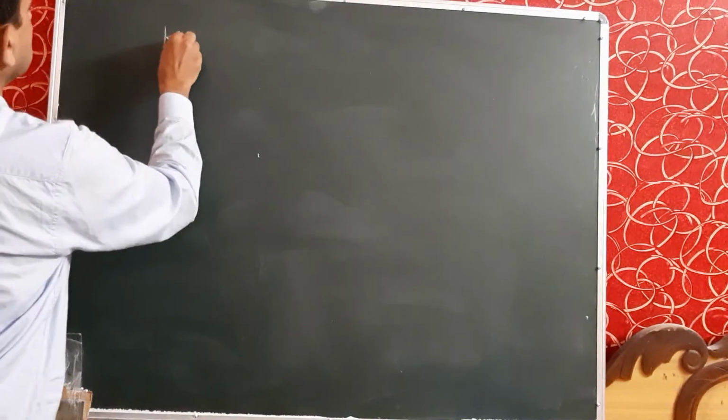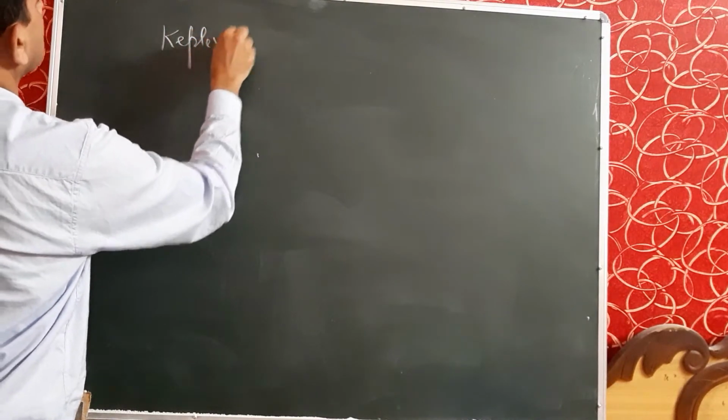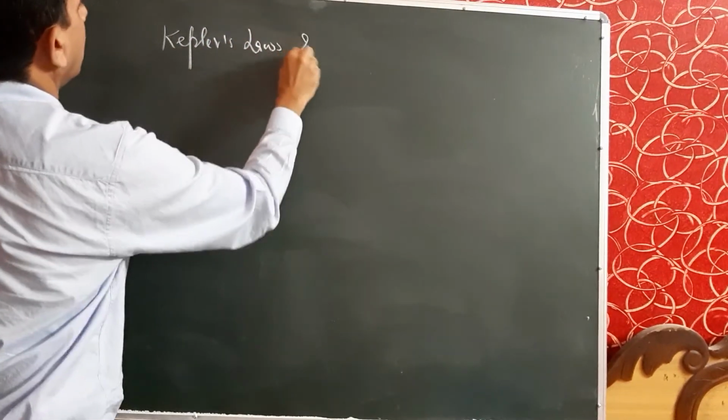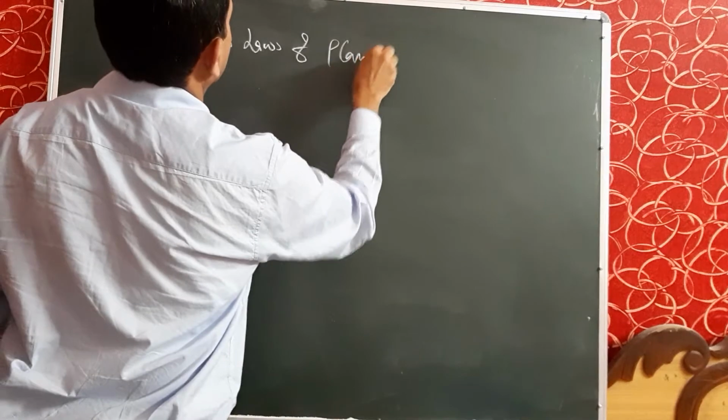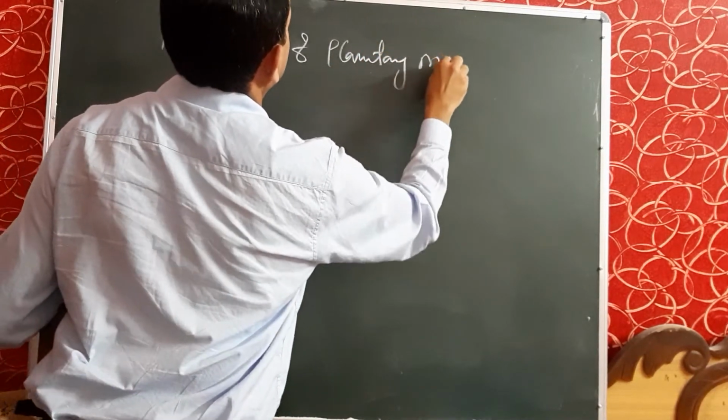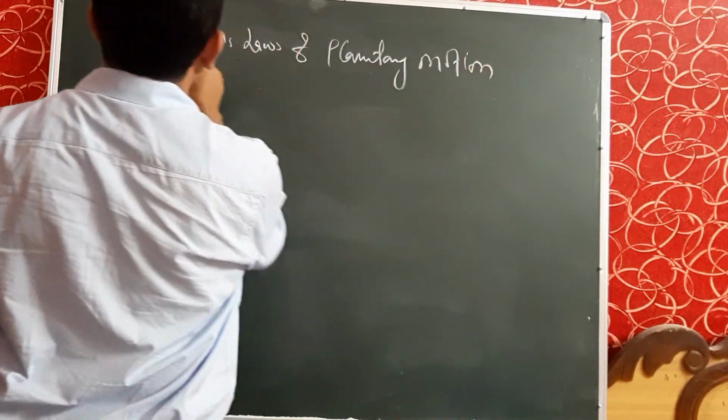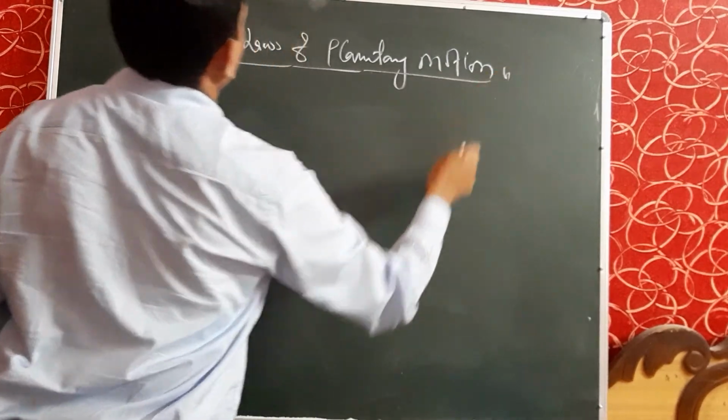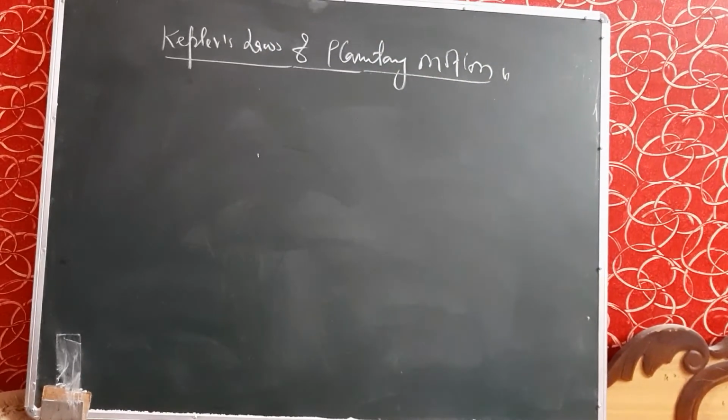Now, we will discuss Kepler's laws of planetary motion. So, what are Kepler's laws? As you know, we have read that there are 3 laws of motion for simple motion, that is Newton's laws of motion.